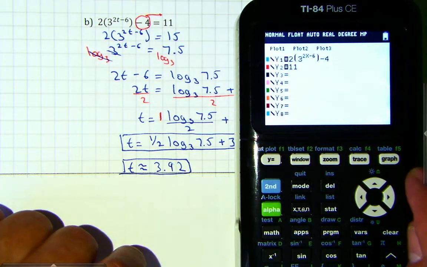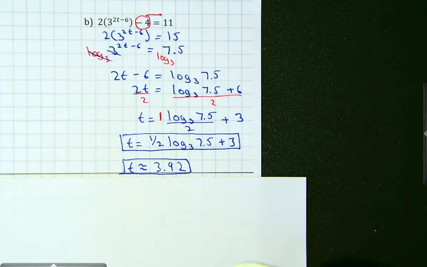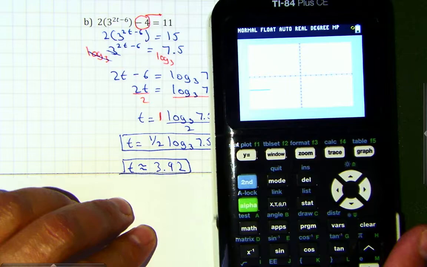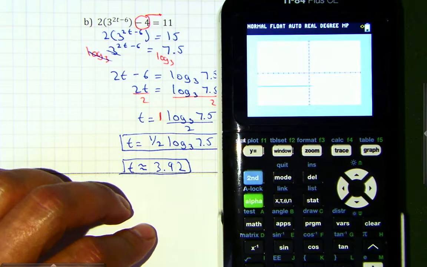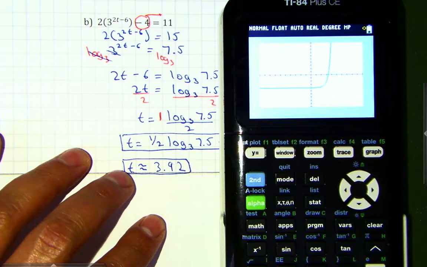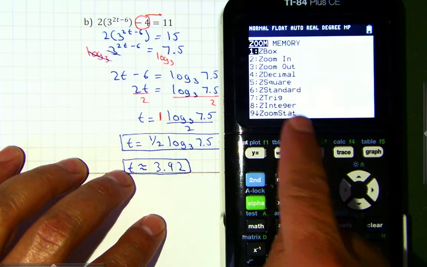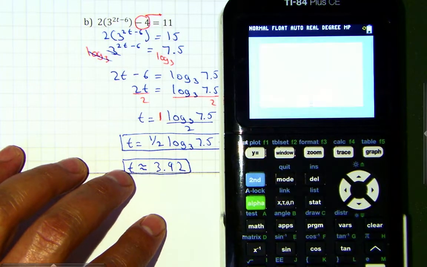Now if I graph it, let me adjust my window. So if I graph it, it looks something like this. And when you first graph it, if you have it on a different window, you want to go under zoom and standard 6 so it fits in the standard window.